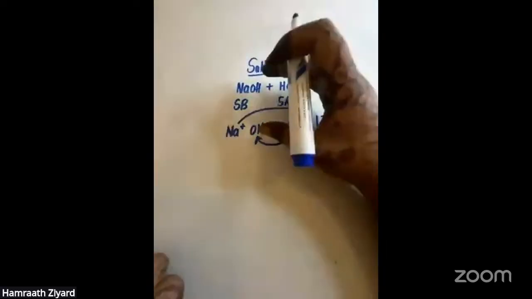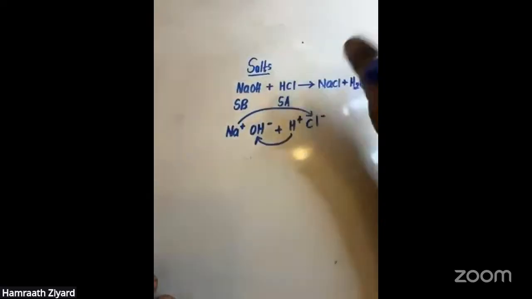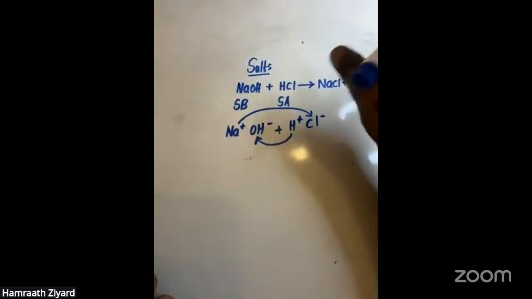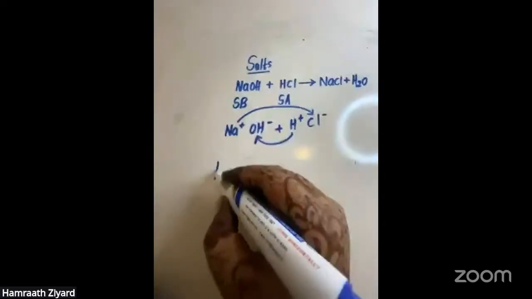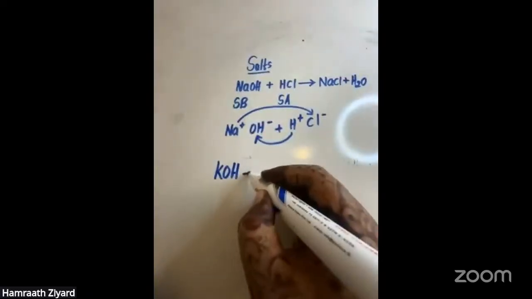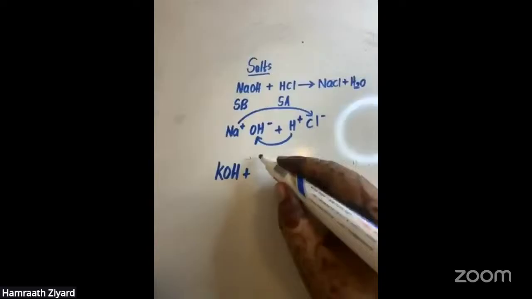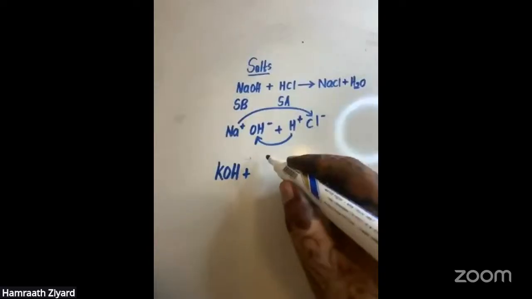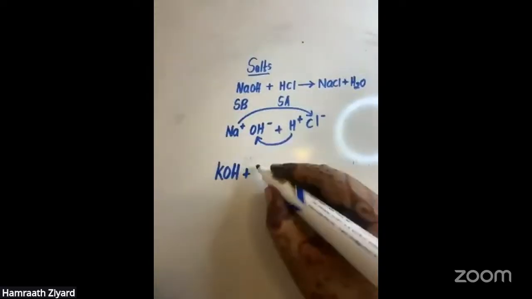Does it only happen for sodium hydroxide and hydrochloric acid? No. You can also take potassium hydroxide combined with a weak acid, let's say carbonic acid.